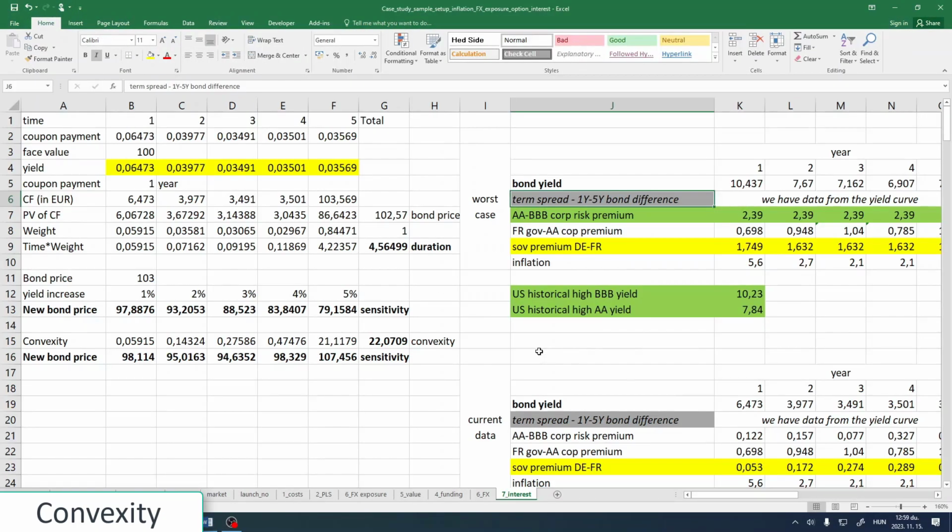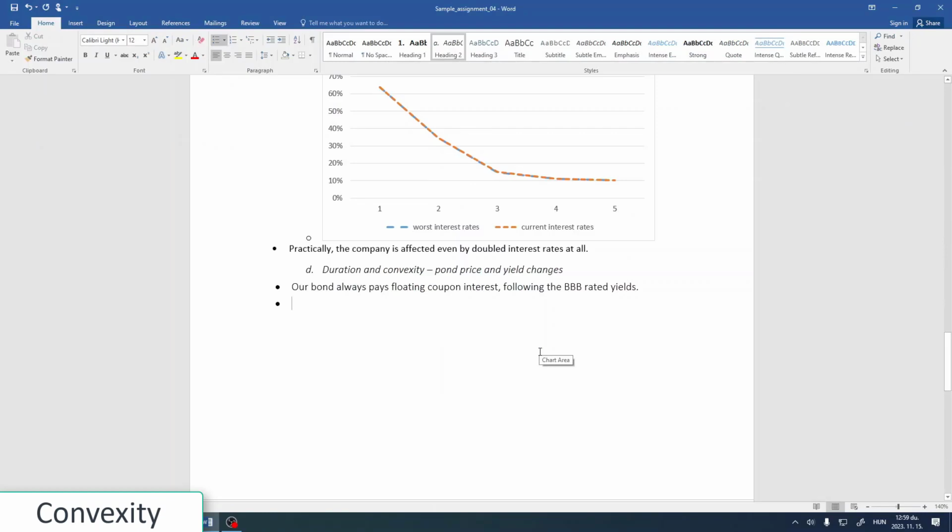And in this case we just have to say that okay, duration, yields and pays interest once in a year.